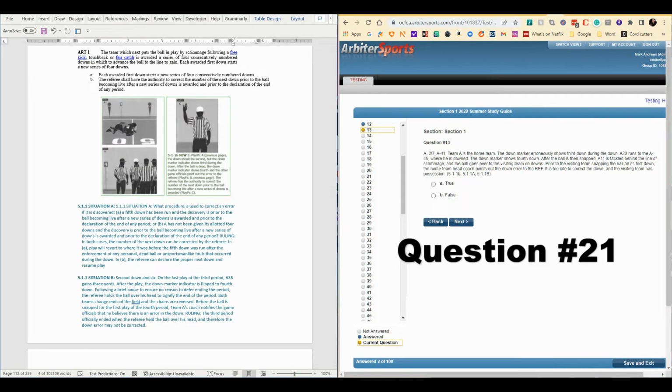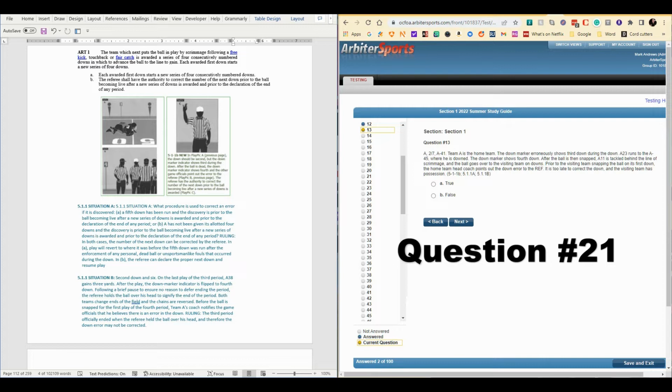Question number 13. A 2nd and 7 at the A41. Team A is the home team. I don't know why that's there. That's obvious. The down marker erroneously shows 3rd down during the down. So you see it's 2nd and 7, but the down marker has a 3 on it. A23 runs to the A45 where he's down. The down marker shows 4th down.